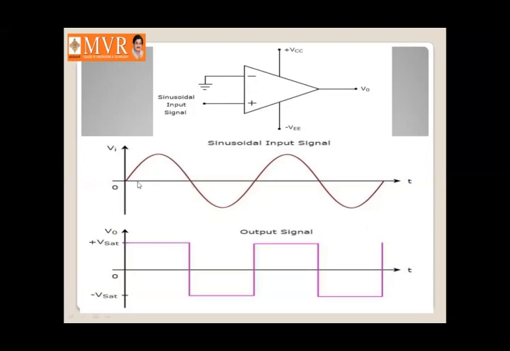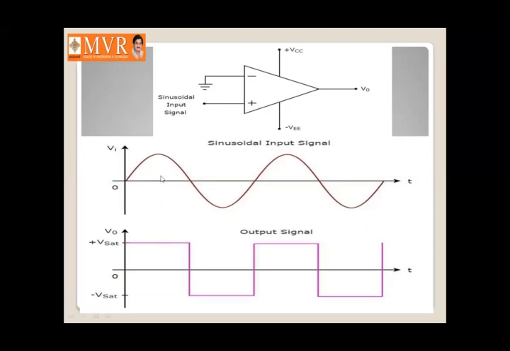During the positive half cycle, Vi is greater than the reference voltage of 0 volts, so the output stays at plus saturation voltage. Whenever Vi is less than 0 volts, the output stays at minus Vsat.